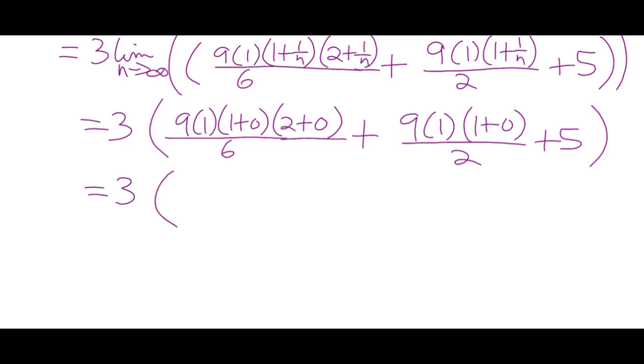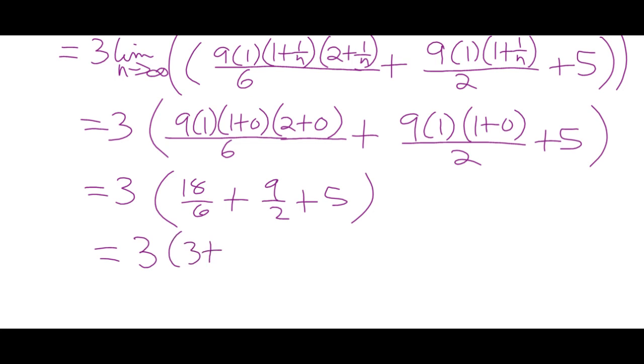Okay, so now we can do it. So we got 9 times 1 times 1 times 2, which is 18 divided by 6. Well, let's just write 18 divided by 6. We've got 9 times (1 plus 2)... 9 over 2, plus 5, which gives us 3 times 3 plus, and you know, it's 4.5, right?